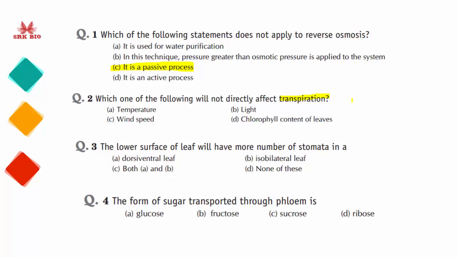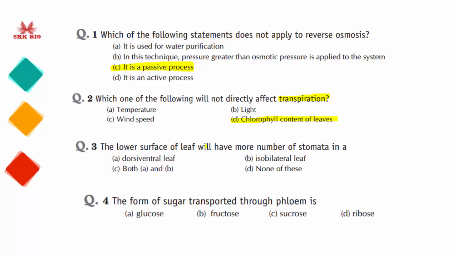And wind speed, if the blowing wind is very high, its velocity is more, then it will increase the rate of transpiration. So among the given options, there is no link between chlorophyll content of the leaves and rate of transpiration. This particular option or this part of the leaf is not directly affecting the transpiration.